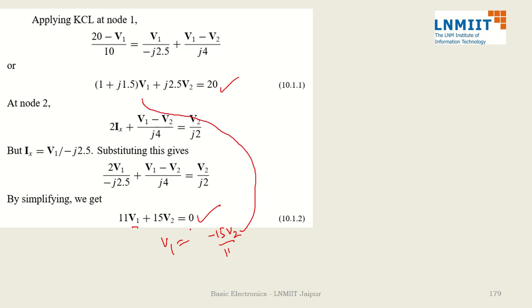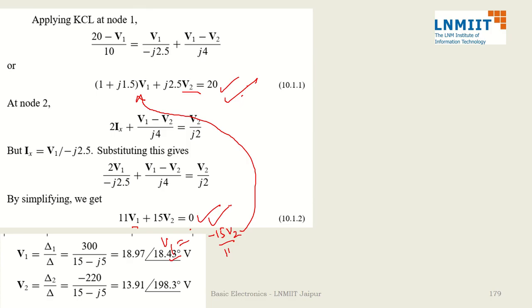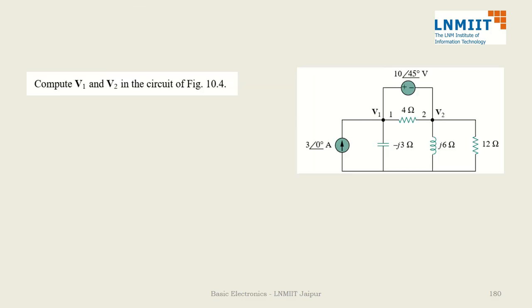Put this value here, you will get the value of V2, and then you will get the value of V1, or you use Cramer's rule. Don't go by the method of equating real part with real or imaginary with imaginary, because we have a set of two equations. Once you solve these equations, you will get your answers.